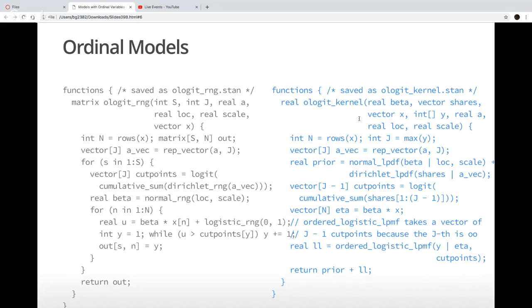We don't know what they are, but we would know what they are if we knew the shares. And so shares is the primitive, the exogenous unknown in this parameterization, and cut points is a deterministic function of an exogenous unknown. So that would be considered an endogenous unknown in the scheme that we've been using before, with the 4 categories of variables that could appear.